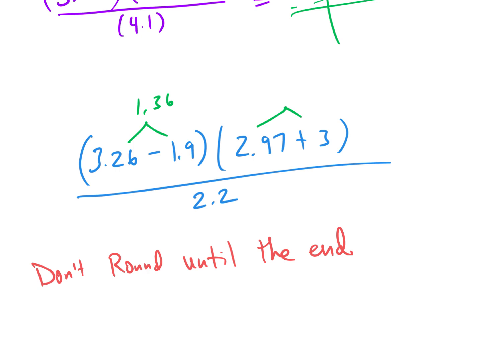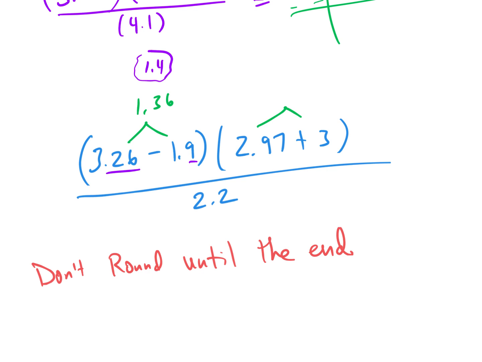Now, if we rounded, I'll write it in purple. What would we round it to? 1.4. This has 2 decimal places, this has 1 decimal place, so our answer should have 1 decimal place. It should be 1.4, but I'll just kind of put that in the cloud. I'm not going to use it. You guys understand what I said? Just keep it in your mind.